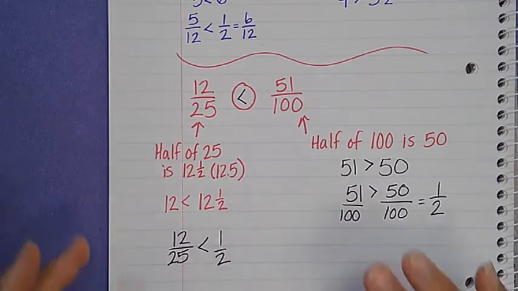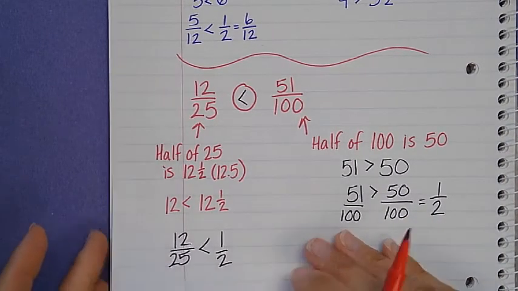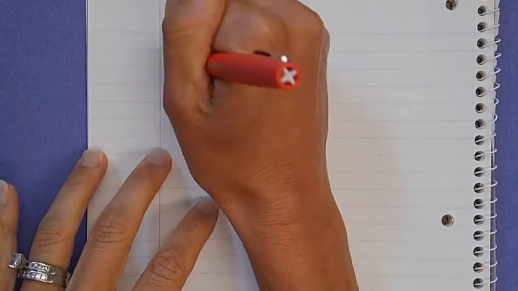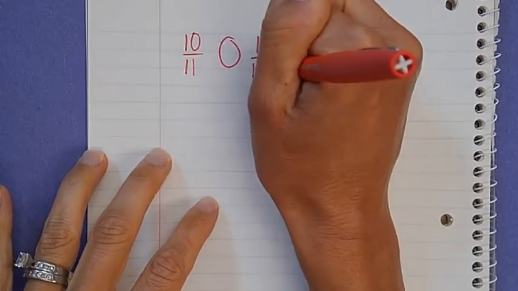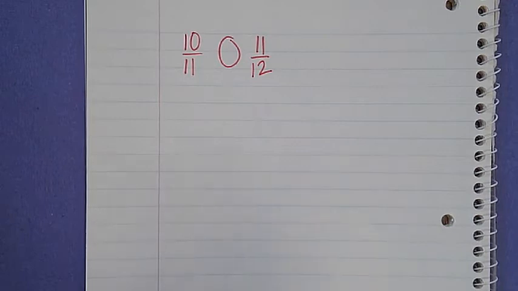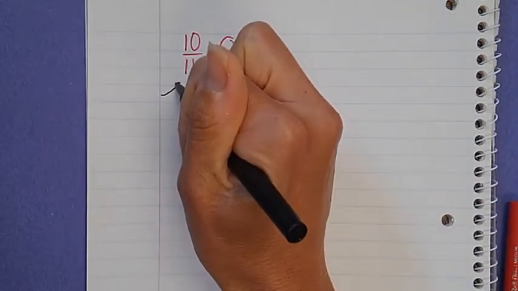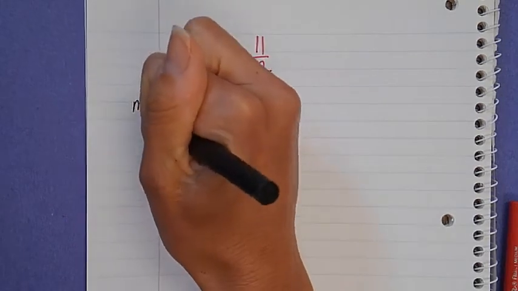So the next part I told you was looking at special cases that are really close to 1. And I want to show you one of those cases right now. And those two fractions are going to be 10/11 and 11/12. These two fractions are both missing one piece. So 10/11 is missing one piece.